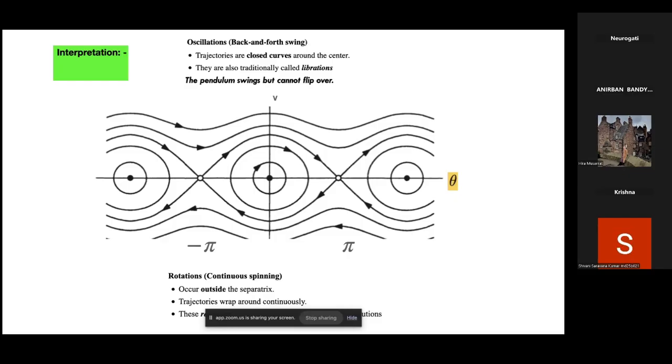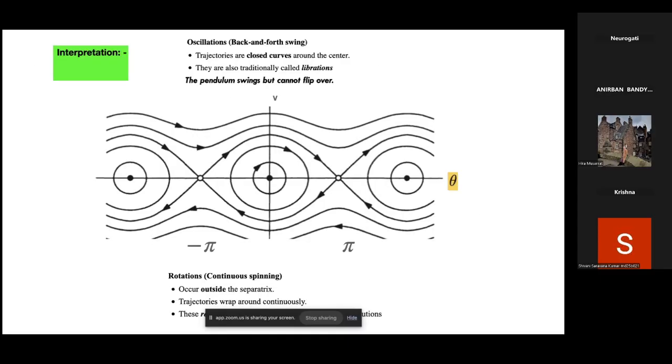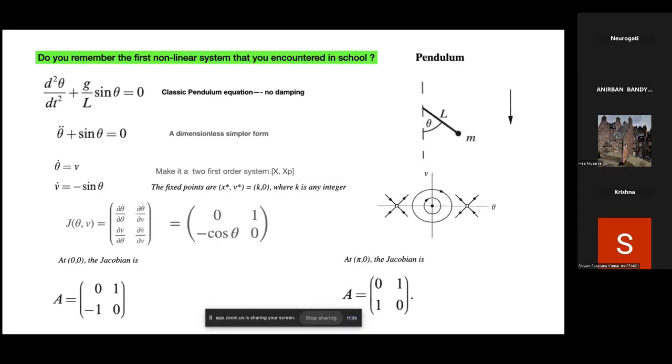We can call it simple oscillations, or back and forth oscillations. It swings, but it doesn't flip over. And if theta is, let's say we increase the velocity to keep theta in a vertical position at pi, then the pendulum will be in an inverted position. Theta equal to pi means it's an inverted position, right?